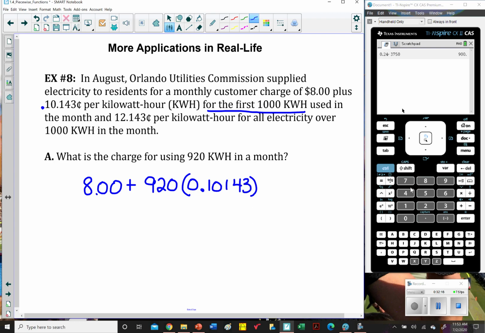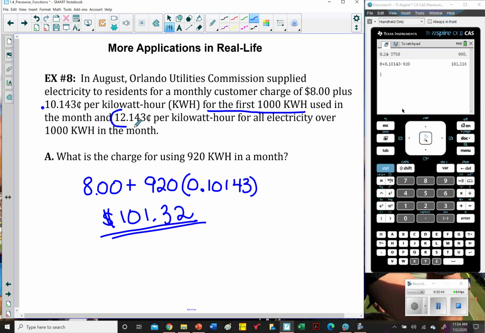So calculating that, $8 plus 0.10143 times 920 hours of usage, we would pay $101.32. You know they're going to round up and take that penny.